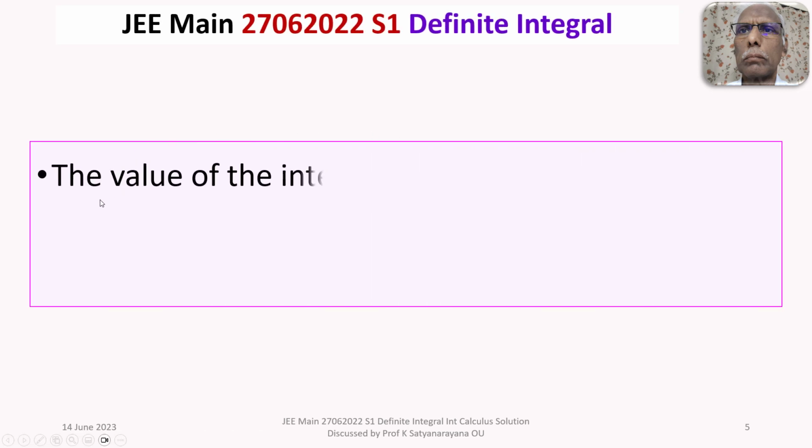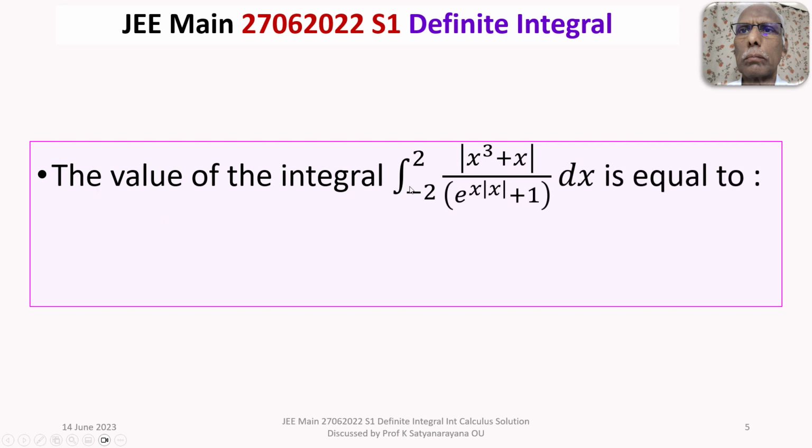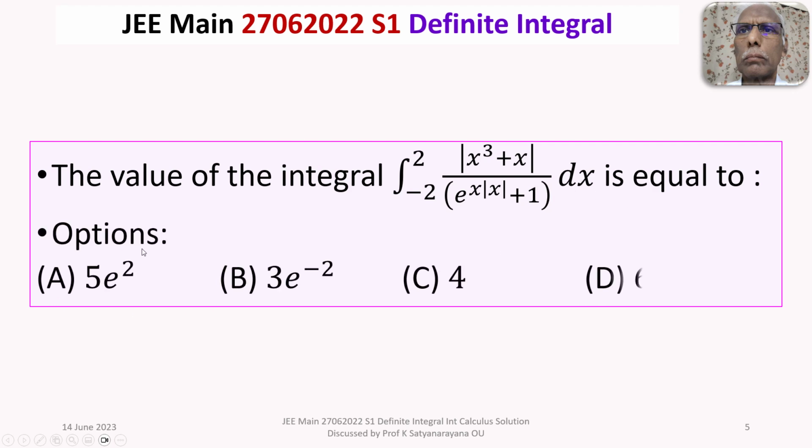The given question is: the value of the integral from minus 2 to 2 of mod of (x cube plus x) by (e power x) (mod x plus 1) dx is equal to, and we are given four options.